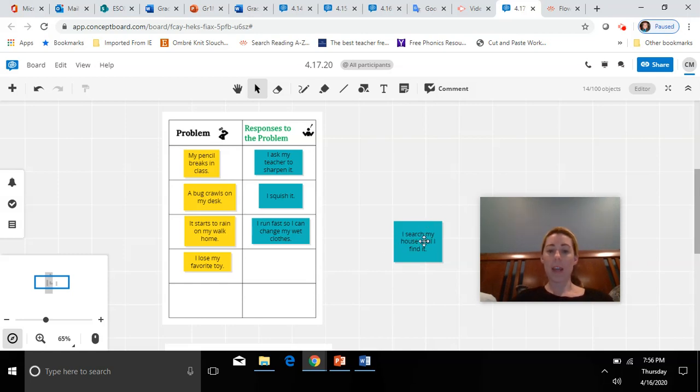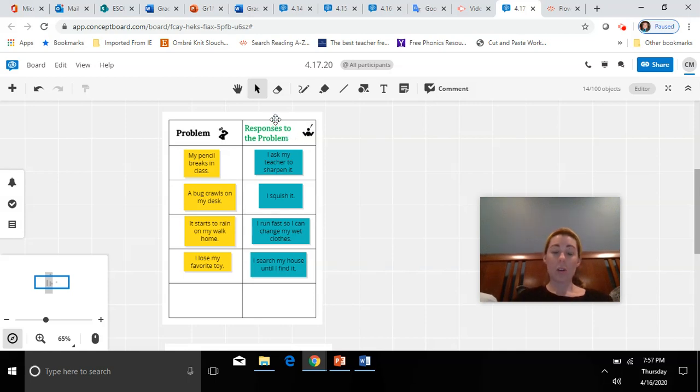I search my house until I find it. That could be a solution. Sometimes we can't find things that we lose. So what could you do? What would be your response? Another response might be, if I lost my favorite toy, I find something else to play with. And then how am I feeling? I'm probably feeling pretty upset or sad or angry.